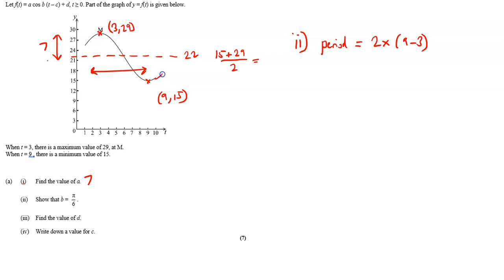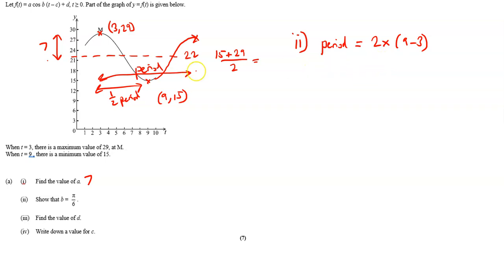We can imagine that this graph continues up this way, and so the whole period is going to be from here to here. So that is the period. We only have half of the period. Okay, just drawn that to show you what's going on.